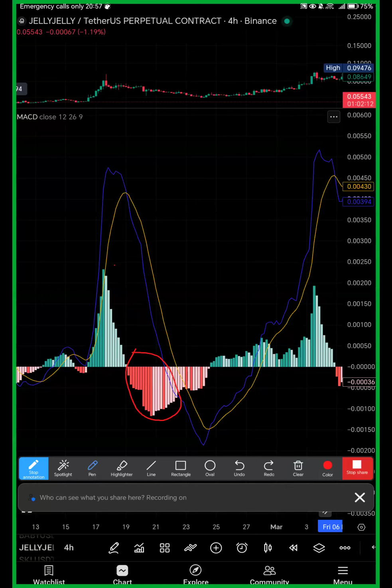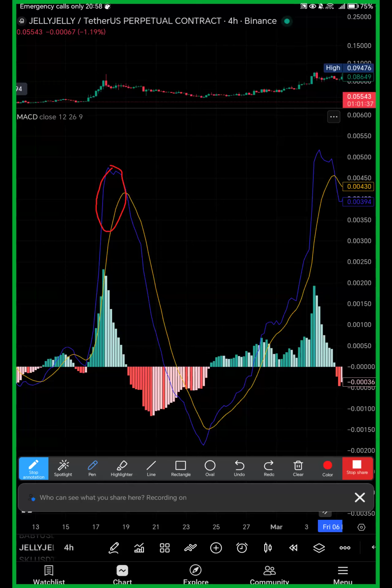These things that look like mountains, or like tall buildings in Dubai, are called histograms. These bars are called histograms. So these histograms also give you an indication of the movement of these two lines.